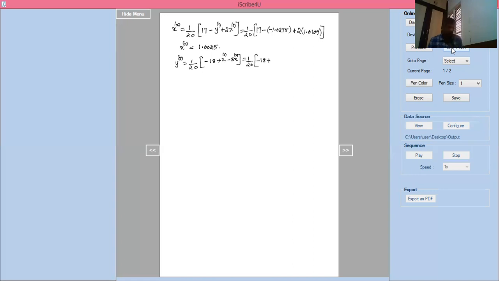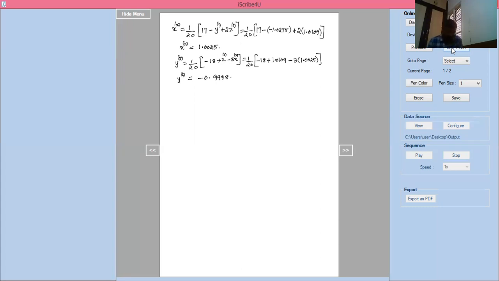We know that z of 1 value should be 1.0109, minus 3 into x of 2. X of 2 should be 1.0025. We'll simplify this. You will get y of 2 equal to, just simplify this using calculator, minus 0.998.